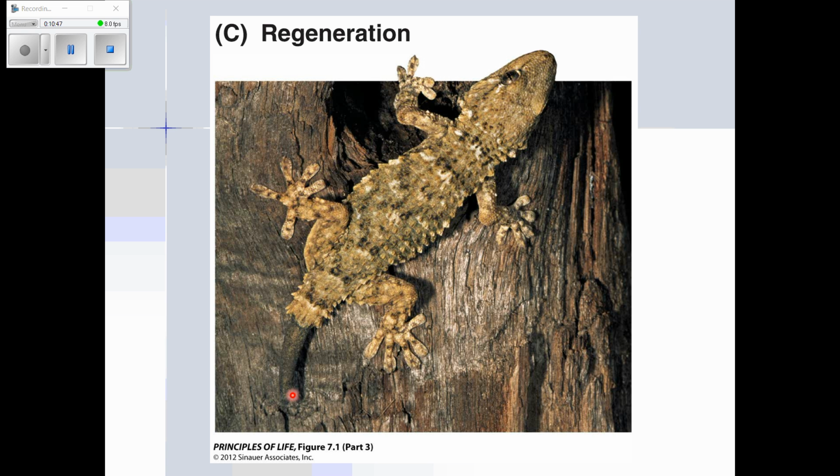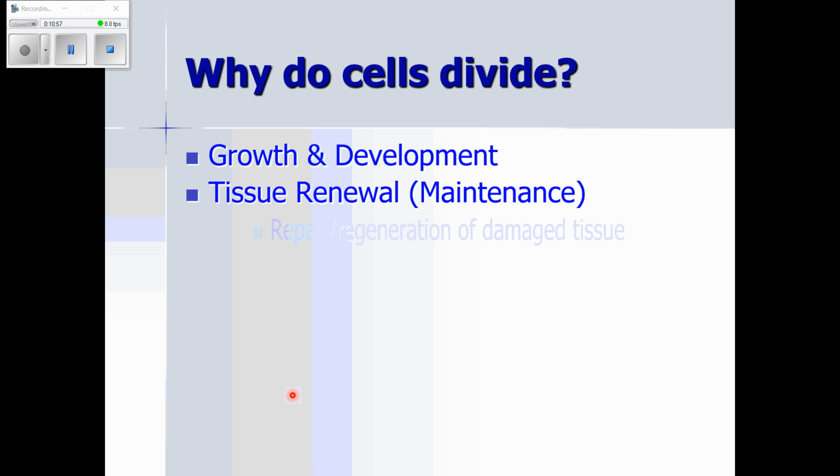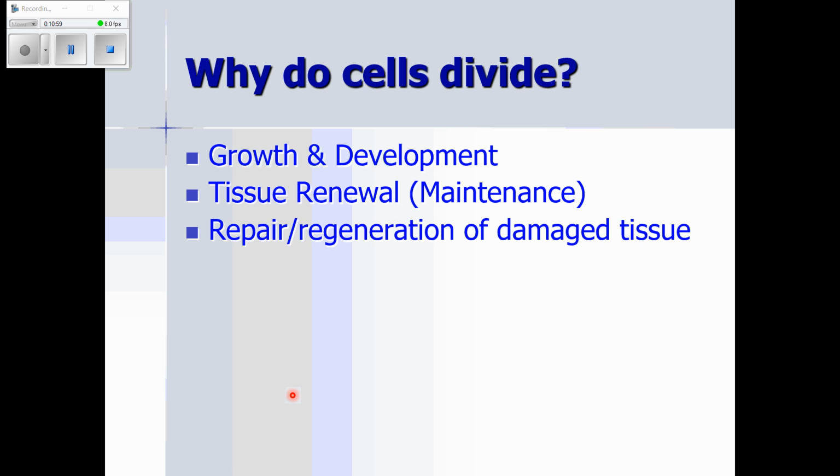When you've had broken bones, eventually the bone cells divide and replace and repair that damage, and the fracture heals. So one of the reasons why cells divide, I'm kind of skipping ahead here a little bit, is to repair or regenerate damaged tissue. And this would include healing from a cut or a broken bone.